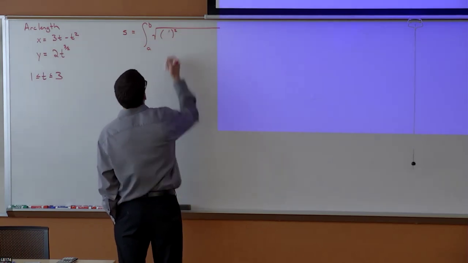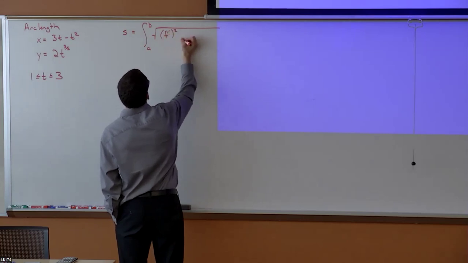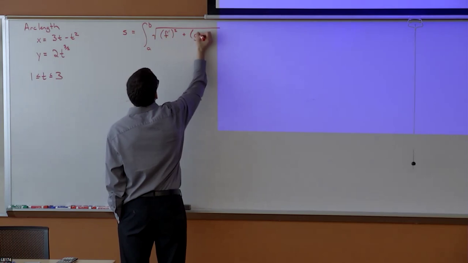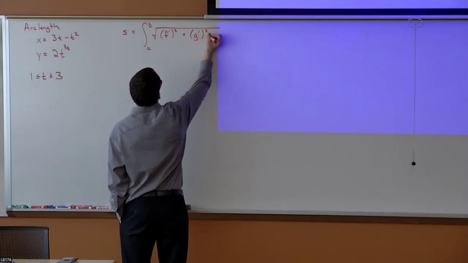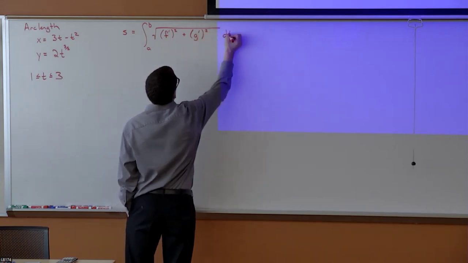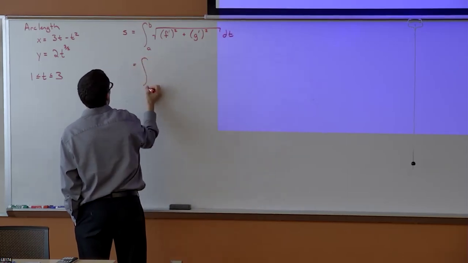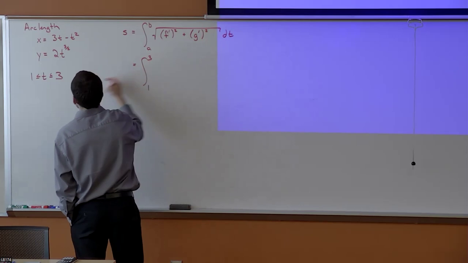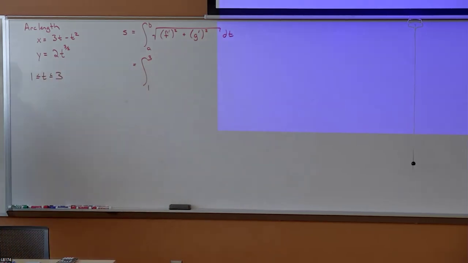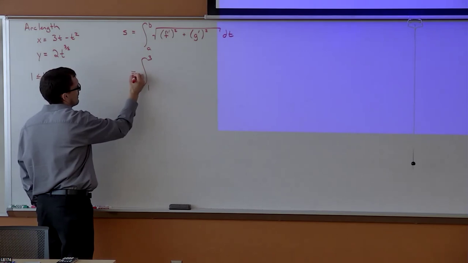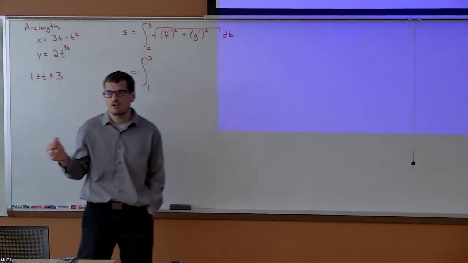But the book and I call it f prime squared plus g prime squared integrated with respect to t. So the bounds are pretty obvious. Those are the t values, and I'm given the bounds in this case. We're integrating from 1 to 3. We're finding the arc length from 1 to 3.